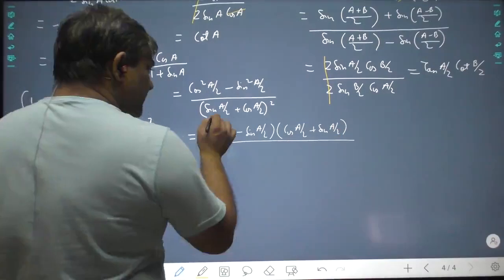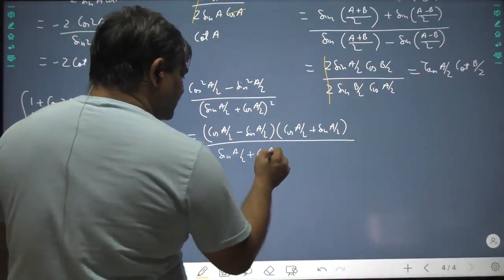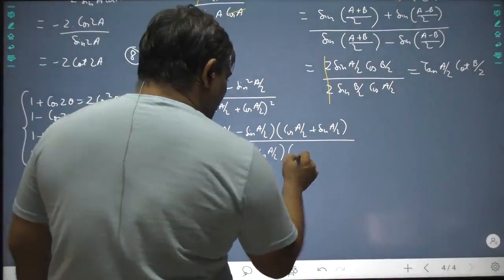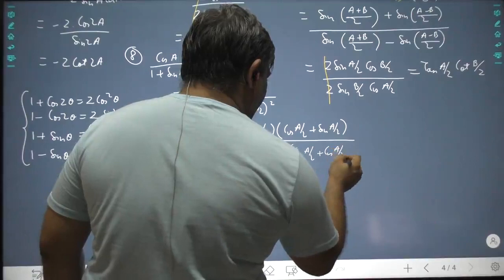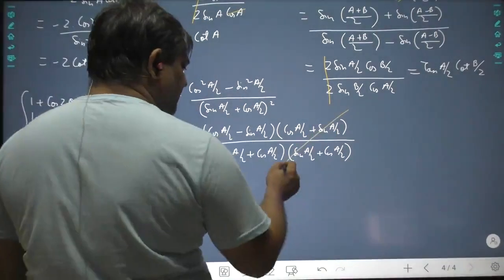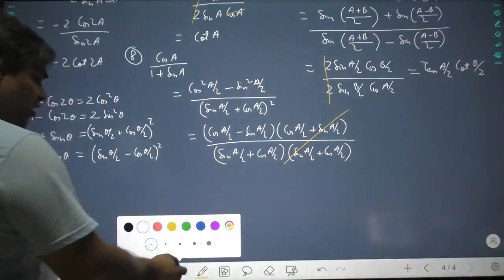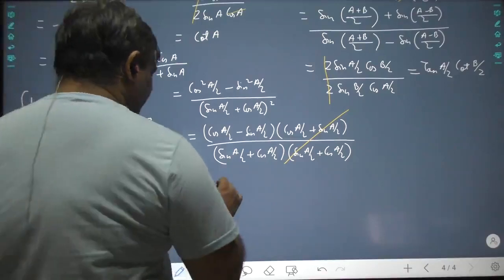Very good. Now in the denominator, sine A by 2 plus cos A by 2 multiplied by sine A by 2 plus cos A by 2. Let us cancel from numerator and denominator. This gets cancelled. Divide numerator and denominator by cos A by 2.